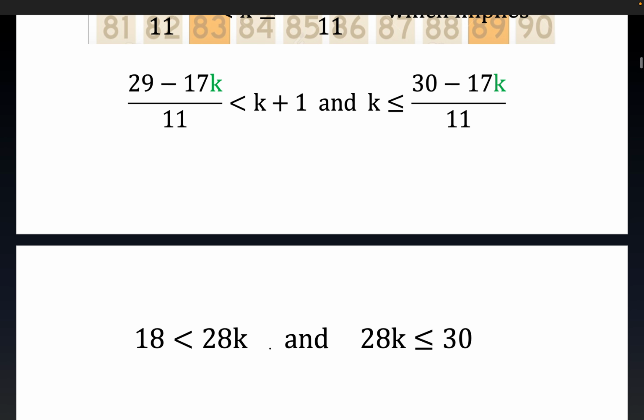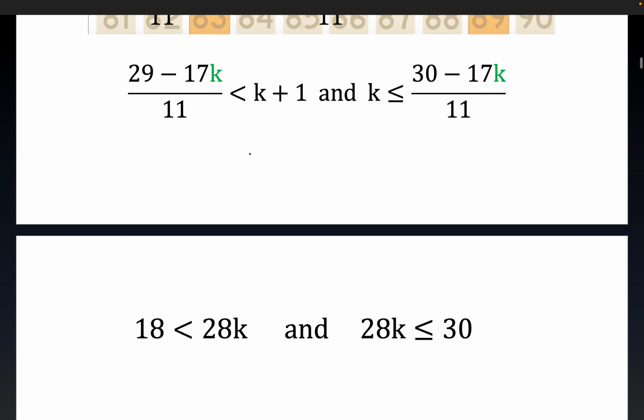Now, the manipulations result in this. When you manipulate this left-hand side, you get this statement. You guys can verify it. I've double-checked. When you manipulate the right-hand side, you get this statement right here. And so this would lead to what? If you divide, you'd have 9 over 14 strictly less than k, or k is greater than 9 over 14.